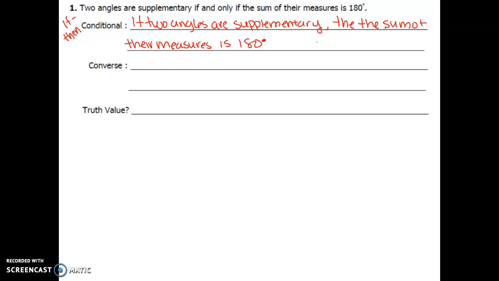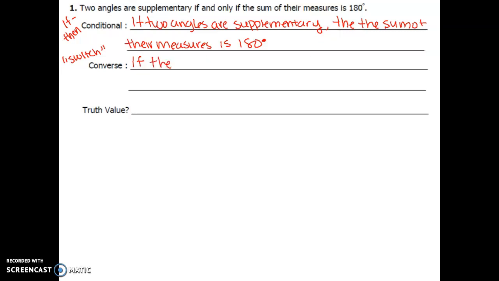The converse, we talked about that before. That's when you switch the hypothesis and the conclusion. So I'm going to write if, then I'm going to write the conclusion of the conditional.